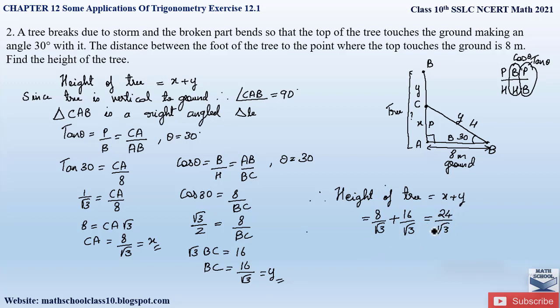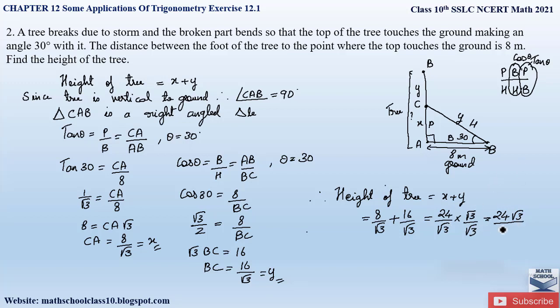So here you can observe that the denominator has an irrational number or a root number. Therefore, we cannot keep a root number in the denominator. So we have to rationalize to remove this root number. How are we going to rationalize? We have to just multiply and divide with the denominator number, right? So here we are going to get 24 into root 3 divided by, what is root 3 into root 3?